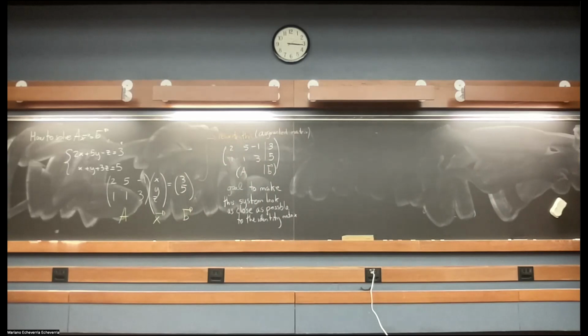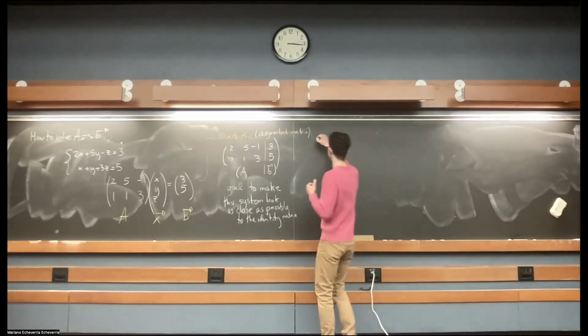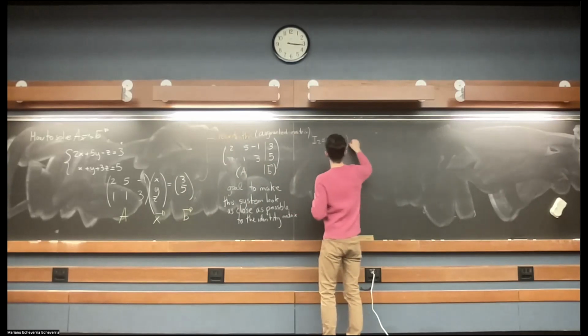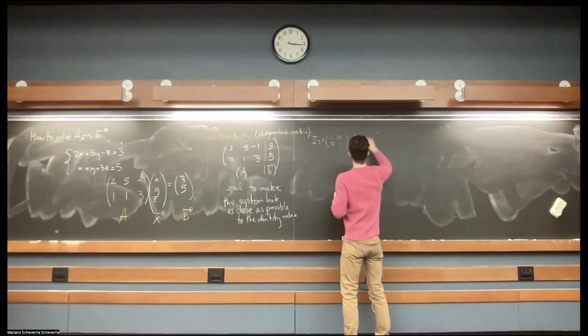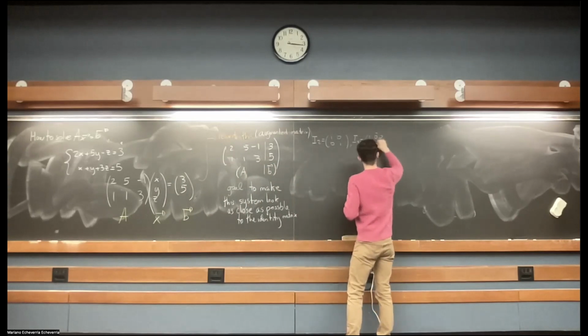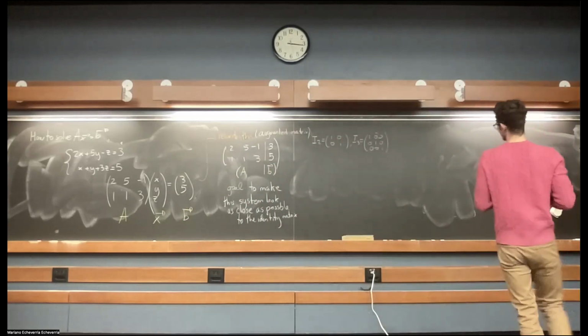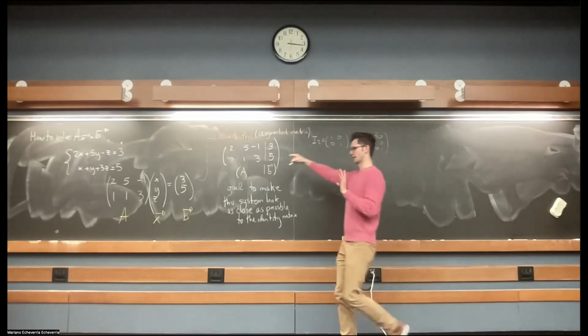So what were these identity matrices? If you remember them, for example, I2 was 1, 0, 0, 1, and I3 was 1, 0, 0, 0, 1, 0, 0, 0, 1, right? In particular, those were square matrices, and this is not a square matrix.